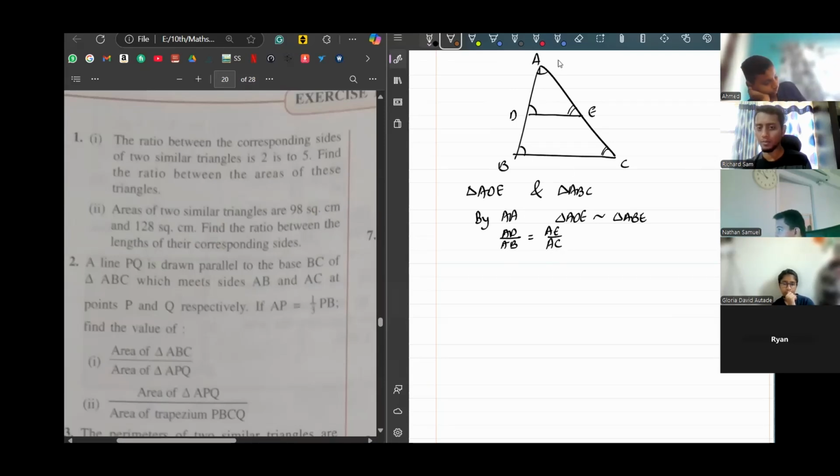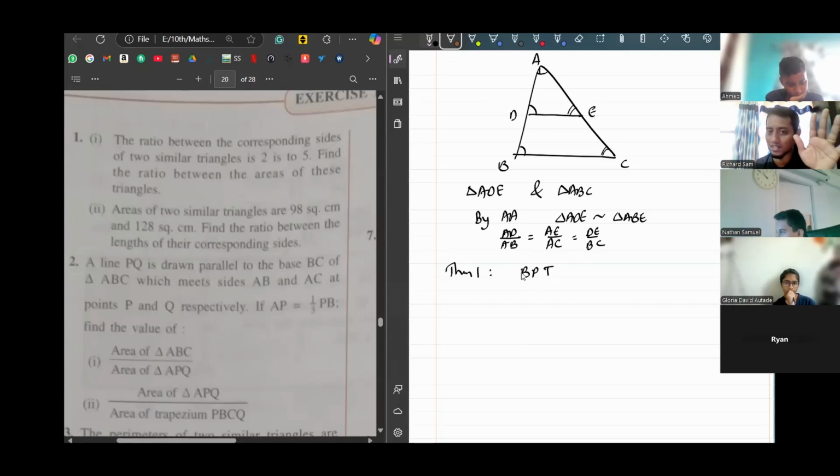AE corresponds to AC. And the third side is DE upon BC. This is what we have learned in the previous exercise. These three sets of corresponding sides are proportional to each other. Now, what we're learning here, theorem 1, is called the basic proportionality theorem, BPT.